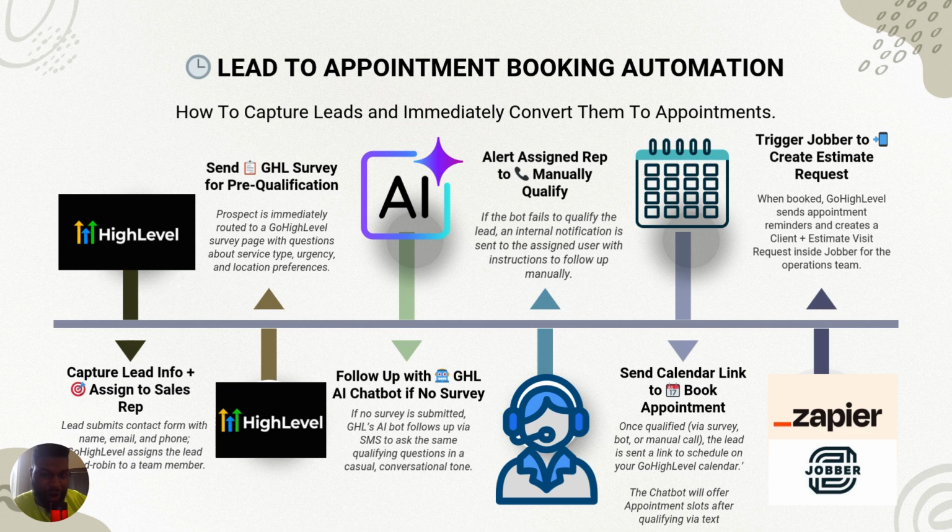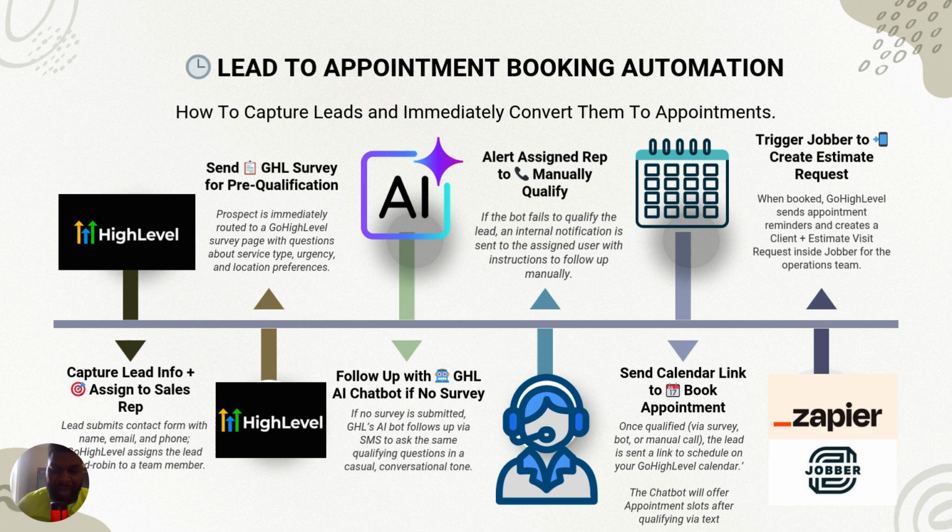And that's why you do all of your marketing inside of Go High Level, and then you move only the serious prospects to Jobber. And you can set up a Zapier integration so that once someone books an appointment in High Level, all that information goes over to Jobber, making it very simple for your operations team to just focus on operations. So that's how we handle the appointment booking.